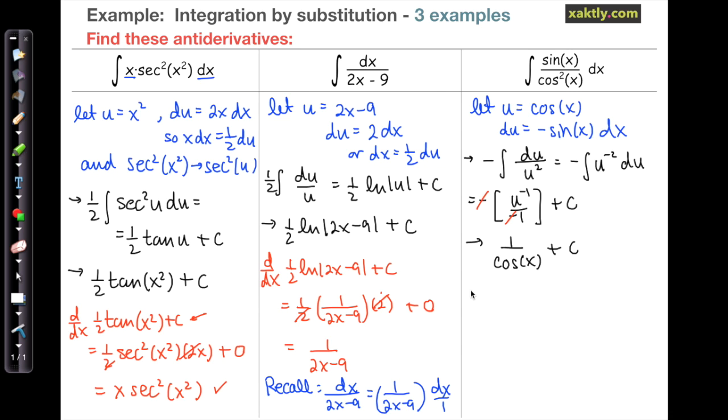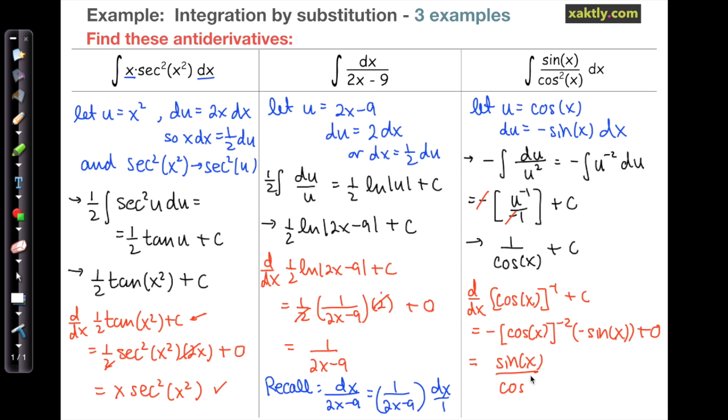And then finally, take that derivative again and make sure that it gives us back the integrand. Yep, terrific, all done.